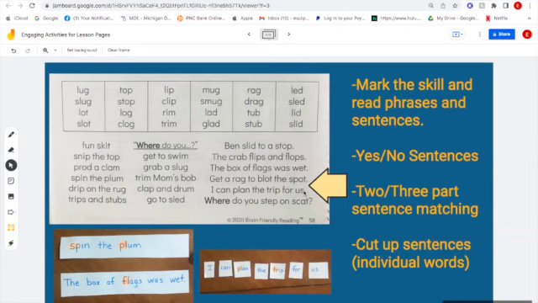You can also take these sentences and modify them, turning them into yes or no questions. So instead of "the crab flips and flops," you could say, "Can a crab flip and flop?" Instead of "the box of flags was wet," you could turn it into, "Can a box of flags get wet?"